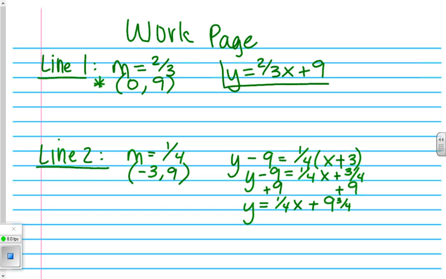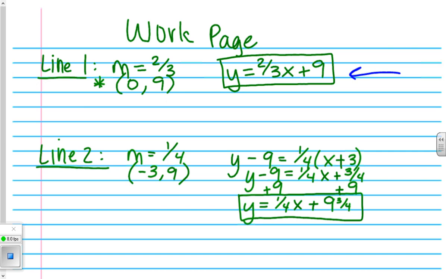So notice the difference between the work I showed for line 1 and the work I showed for line 2. There is a difference, right? The first one didn't really require that much work, but the second one did. What's important is that you realize if your entire paper looks like line 1 up here, that means that you probably did something wrong, because I think every picture I've checked has had lines that do not go through the y-axis, okay?